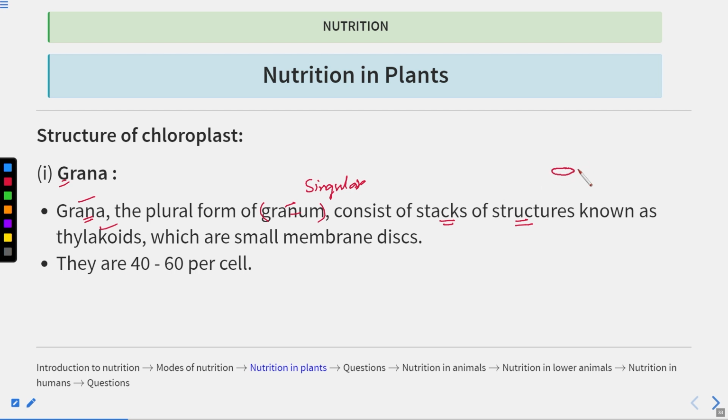These are thylakoids, disc-shaped, and they are stacked over one another, means one is kept over the other. This entire stack is known as a grana, and this single disc-shaped structure is known as a thylakoid.